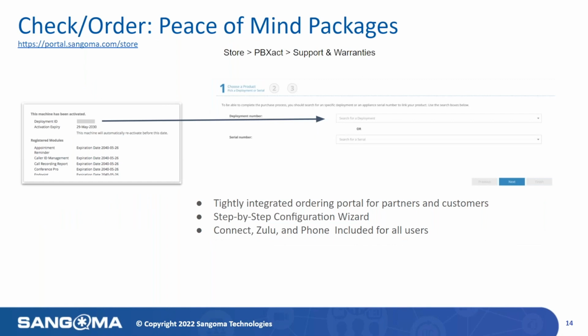To order a Peace of Mind package or check to see if you're up to date, please direct your browser to portal.sangoma.com/store. Once there, you'll see the PBXact support and warranty section. You will need your deployment ID. If you don't know how to get this, you can find it in Portal under My Products, PBX, or simply by navigating to the System Admin Activation section of the PBX.